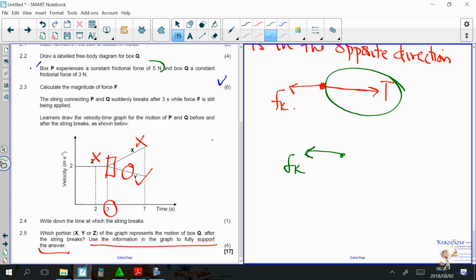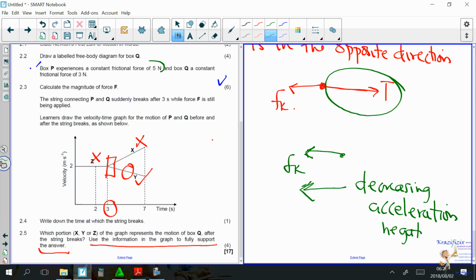Remember Newton's second law said the object will accelerate in the direction of the net force. But where is my net force? My net force is now opposite. That's why we said decreasing velocity, or negative acceleration, because it is no longer in the direction of the net force. It's in the opposite direction. So these are the three reasons you talk about.